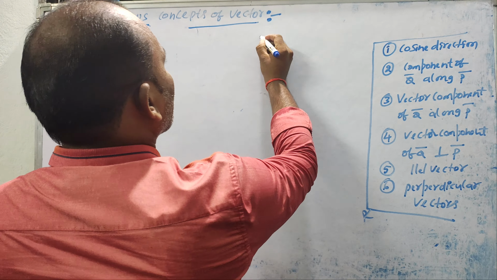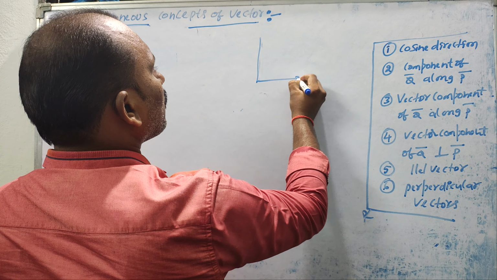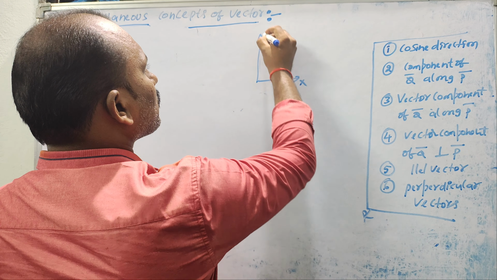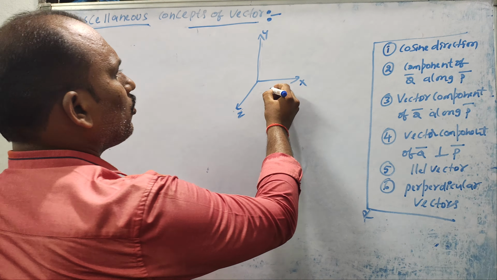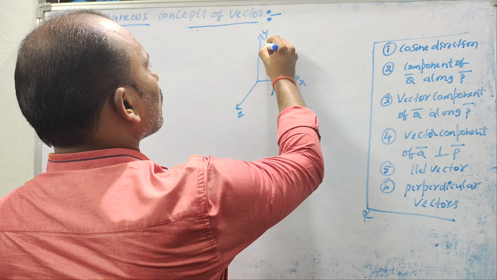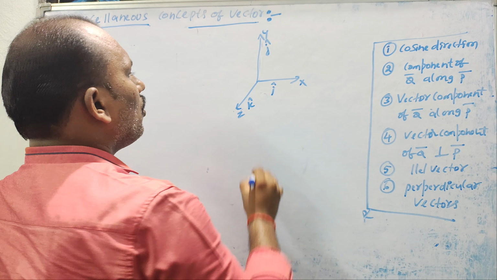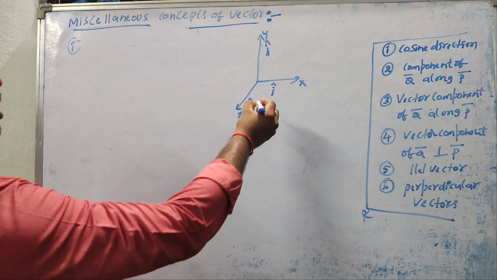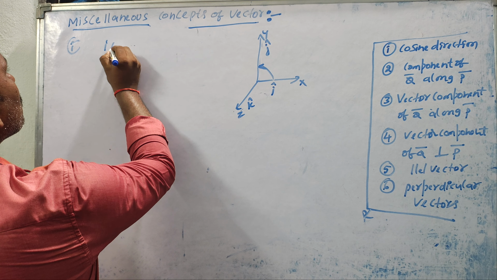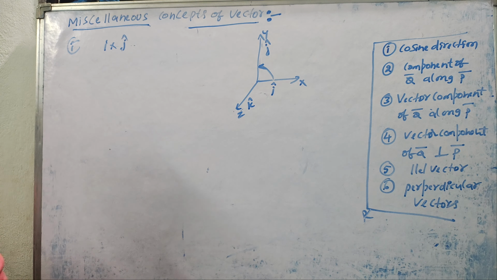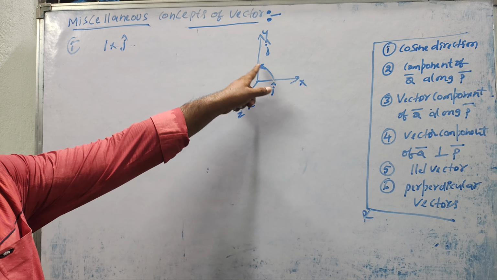So let's say once again, this is x, this is y, this is z, this is i cap, this is j cap, this is k cap. Now I want the cross product i cross j. So what do I get?